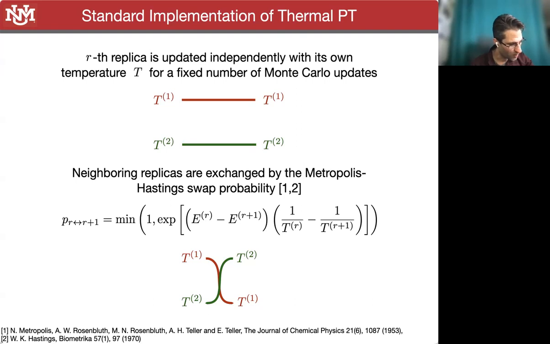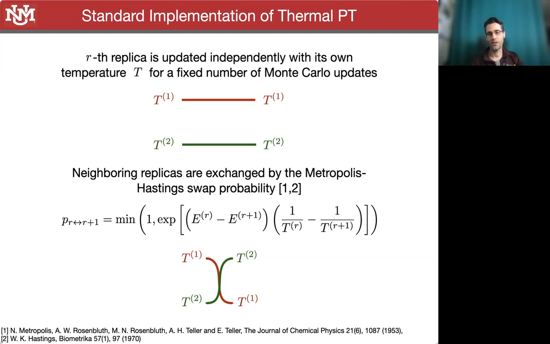And then what you typically do, at least for the standard thermal parallel tempering, is use a swap rule that satisfies detailed balance. You can use, for example, a Metropolis-Hastings swap probability, which looks something like this: the usual minimum of either 1 or the exponent of the difference of the energies of the two replicas times the difference in the inverse temperatures of the two replicas.